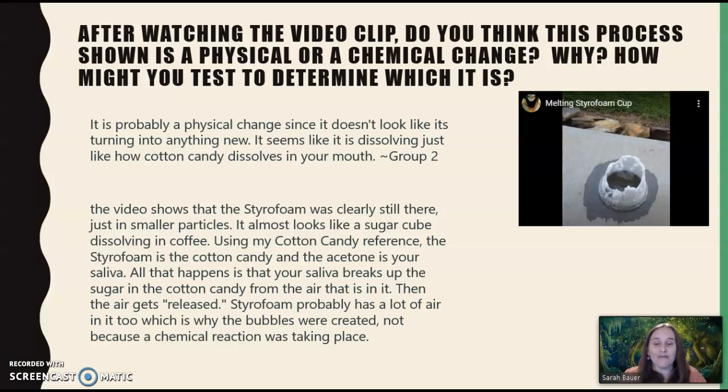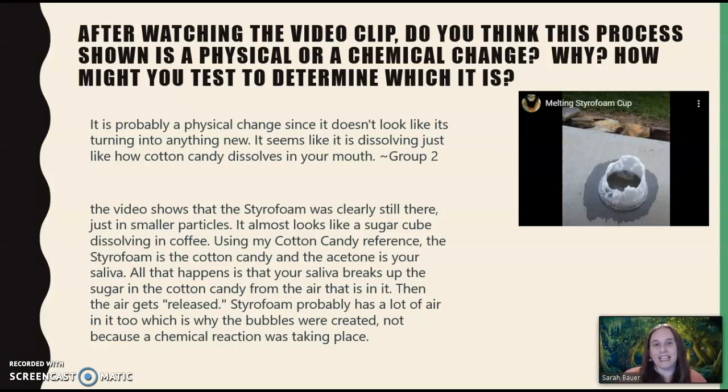And that analogy they're using with the cotton candy is perfect, because that is exactly what is happening. Acetone is dissolving the cup, and dissolving is not a chemical change. It doesn't atomically rearrange the styrofoam. The styrofoam molecule is not broken down or made into something new.